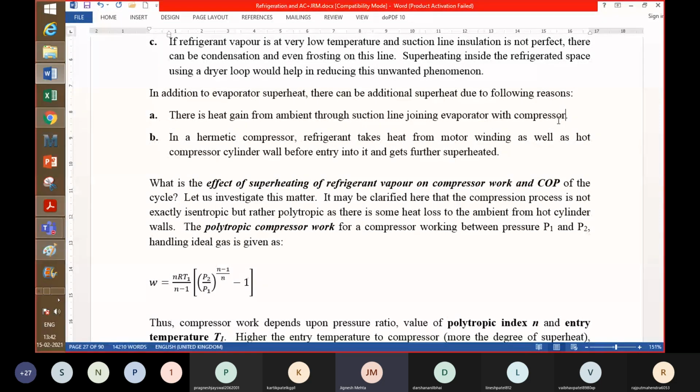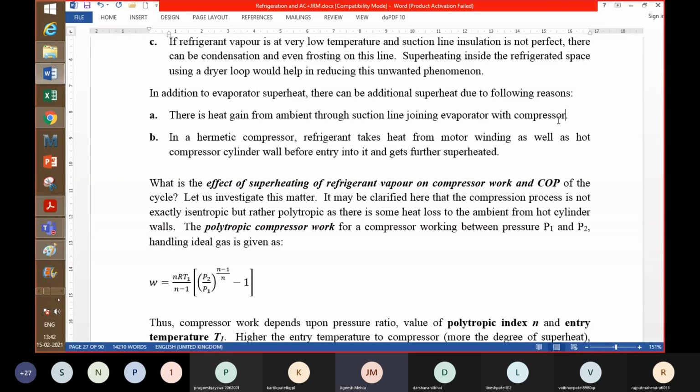Right. So here the theory and the practice differ. To increase the efficiency of the motor, or to ensure the safety and proper heat dissipation from the motor winding, the refrigerant itself is used.